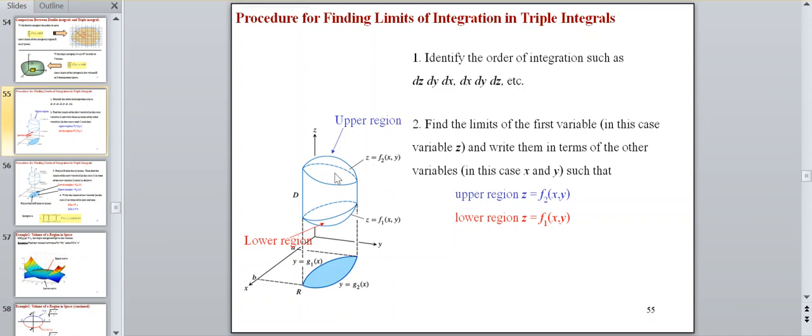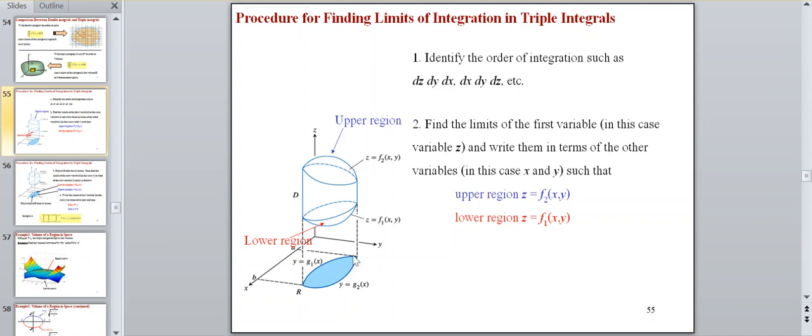And then look at the image, or the projection, of region D onto the xy plane. When you get the image of region D onto the xy plane, the image will be a region in two-dimensional space in the xy plane.